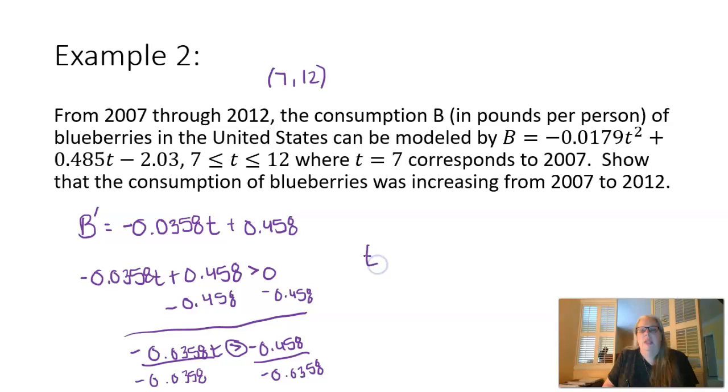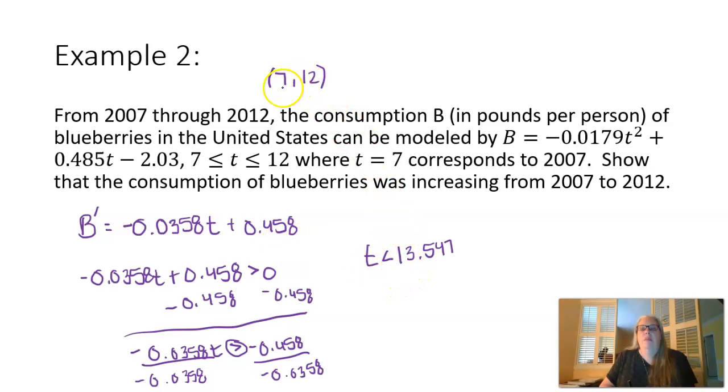That means that t is actually going to be less than, and then when we do this division, y'all, it comes out to 13.547 and then a bunch of other decimals out there. But anyhow, as long as we have a number less than 13 and a half, then we know that this derivative is going to be positive.